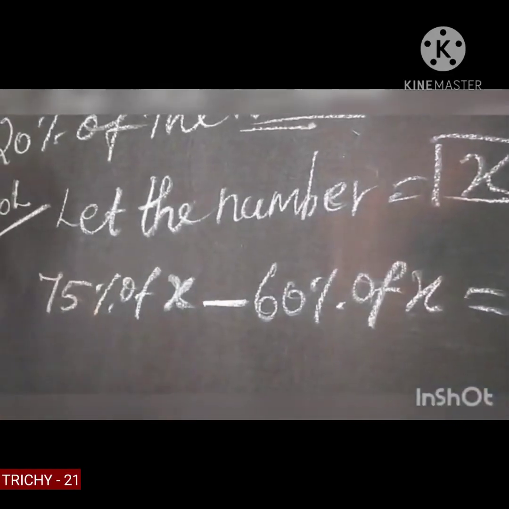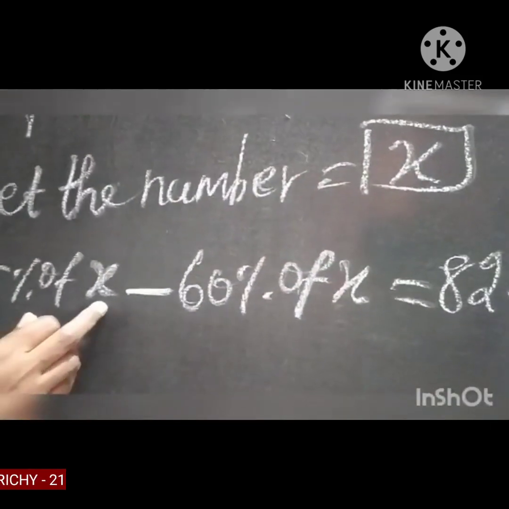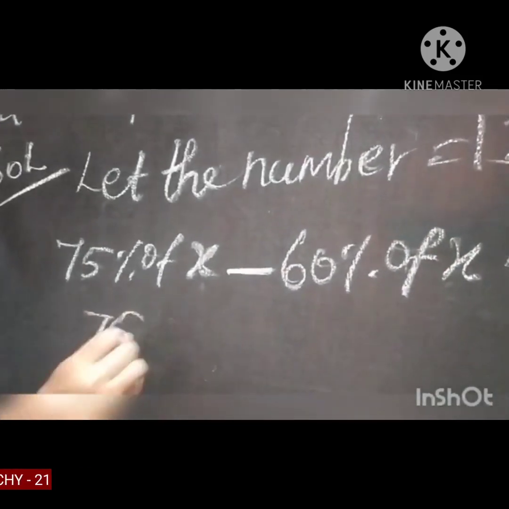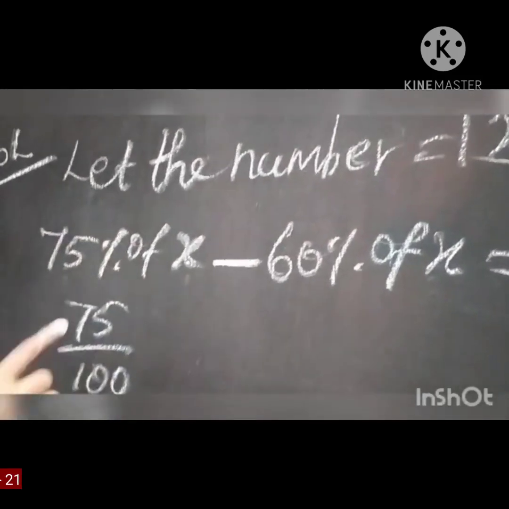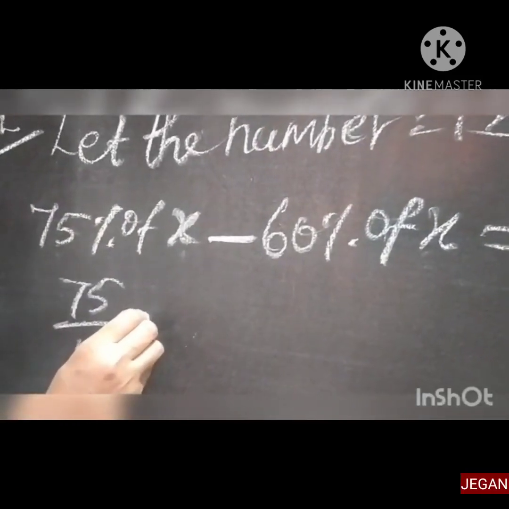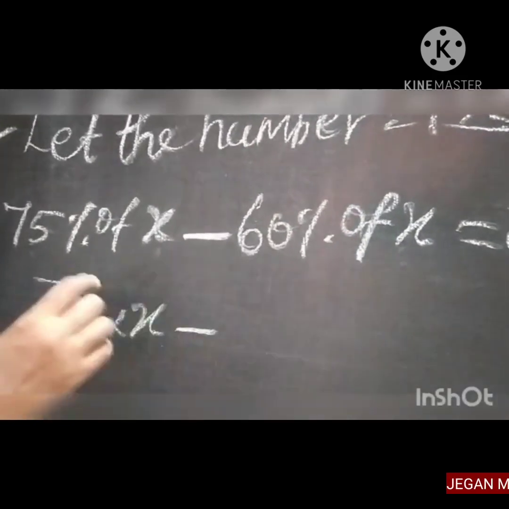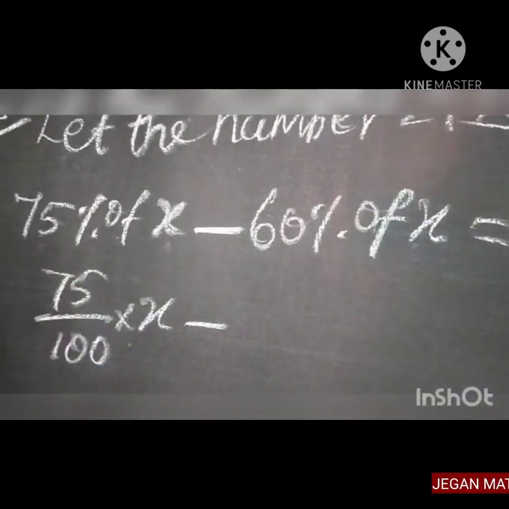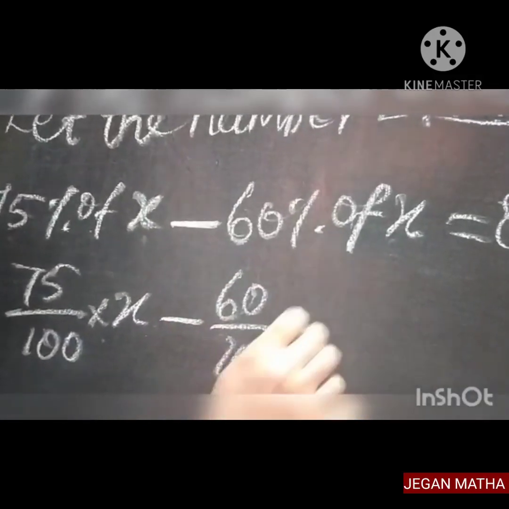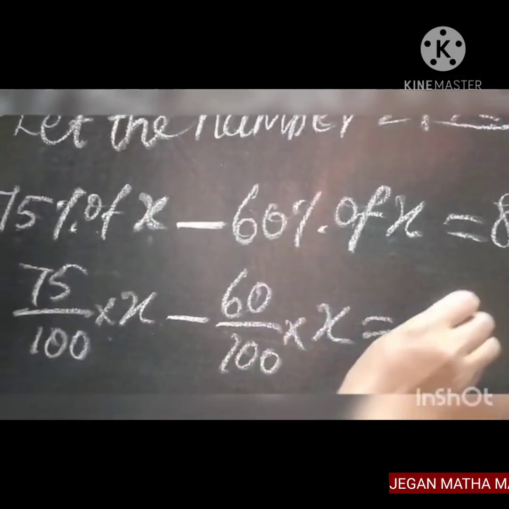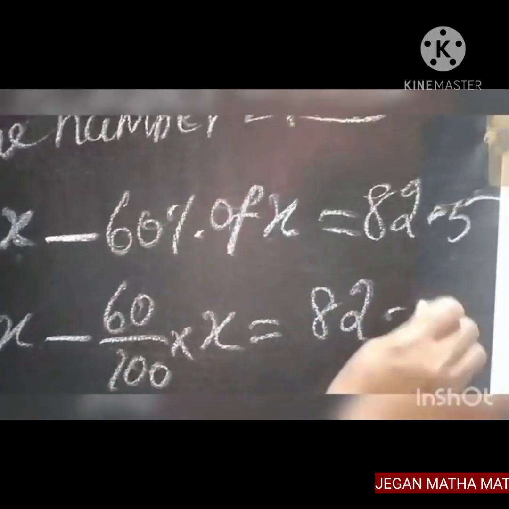Now you have to simplify this one. 75 percentage of x means what? Put that percentage into fraction, so 75 by 100 into x, and "of" means you put the multiply sign. So here 60 by 100 into x equal to 82.5.